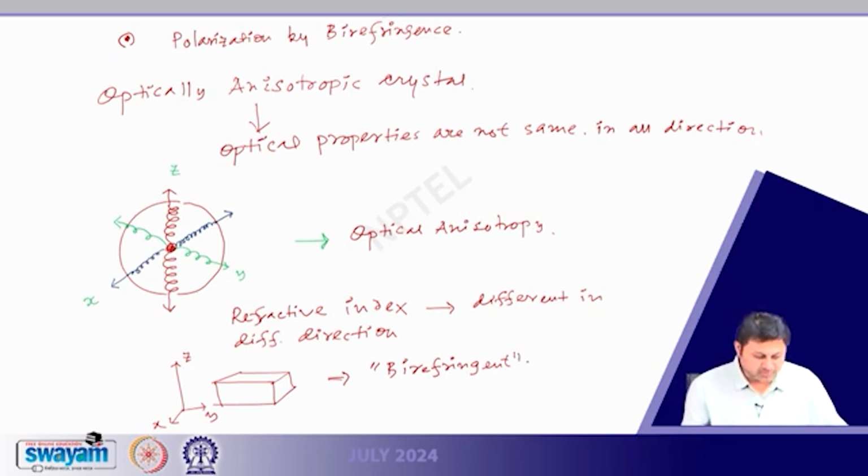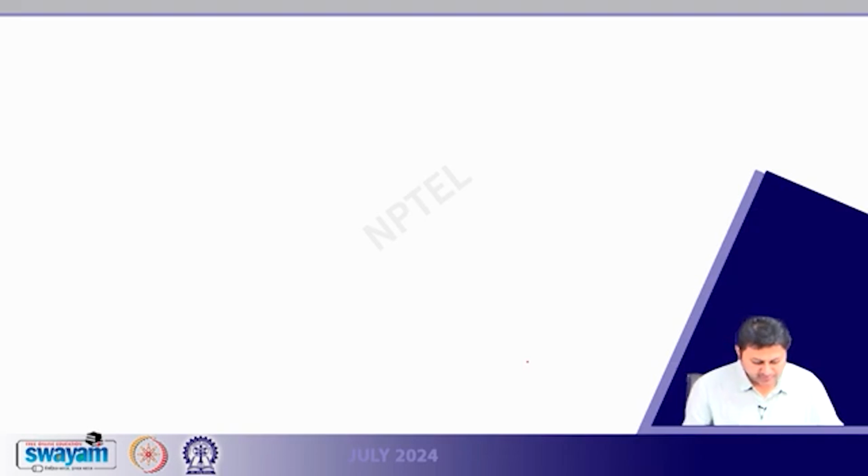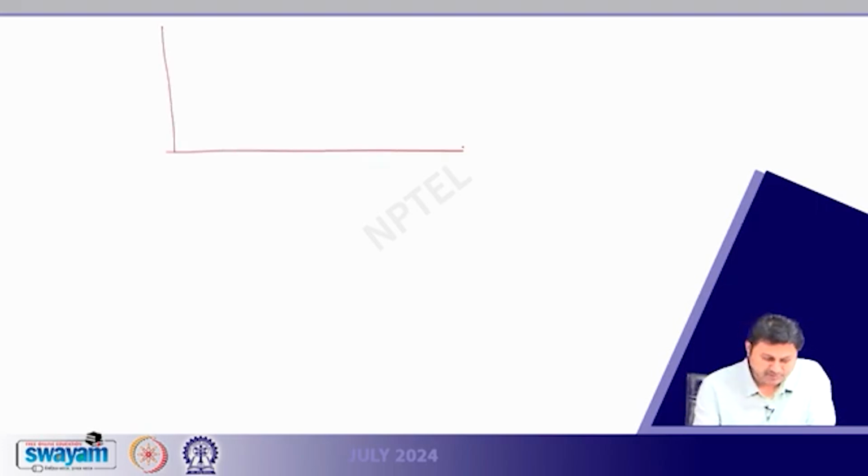So, in the case of birefringence, what happens if I draw the refractive index profile? The refractive index profile for x and y will be different. For example, if I draw a refractive index profile with respect to omega, this is the way the refractive index is plotted.